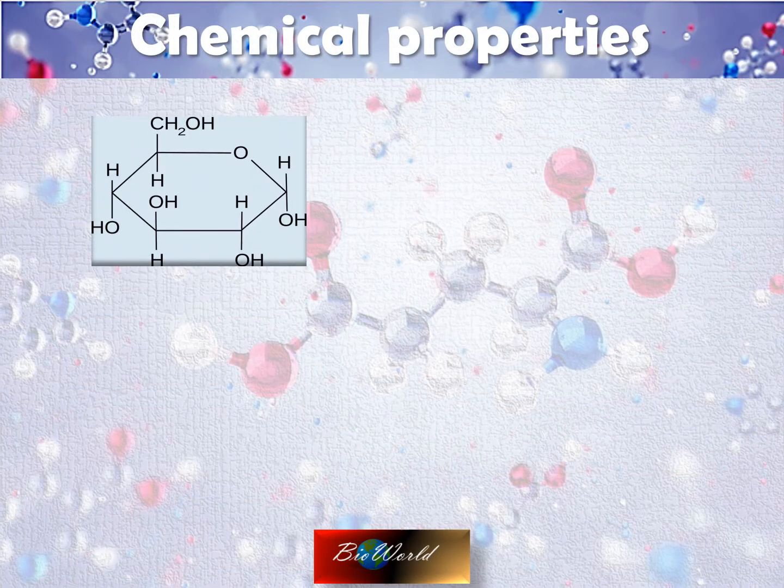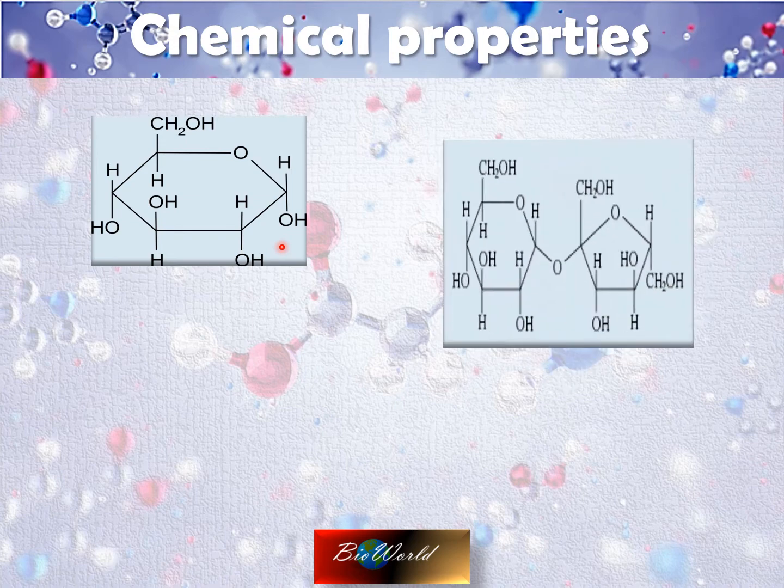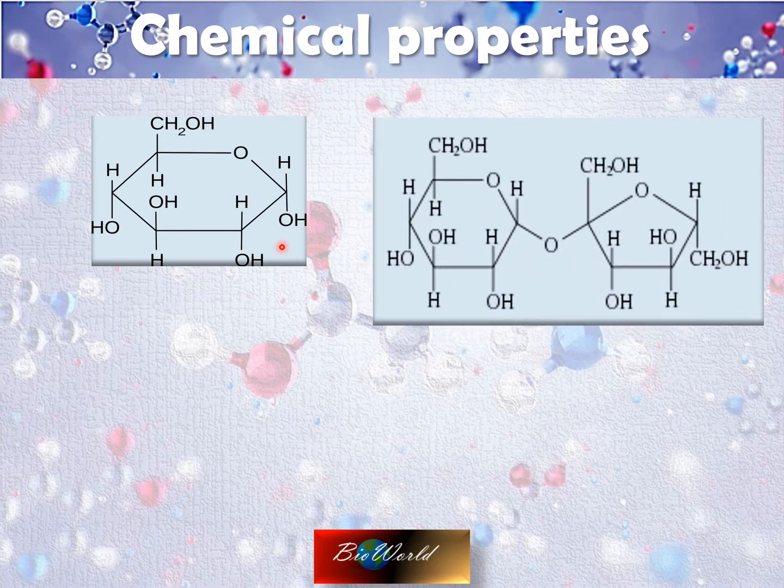Next, we move on to the chemical properties of carbohydrates. The diagram here is that of a glucose molecule representing monosaccharides. Next, we see a molecule of sucrose representing disaccharides.